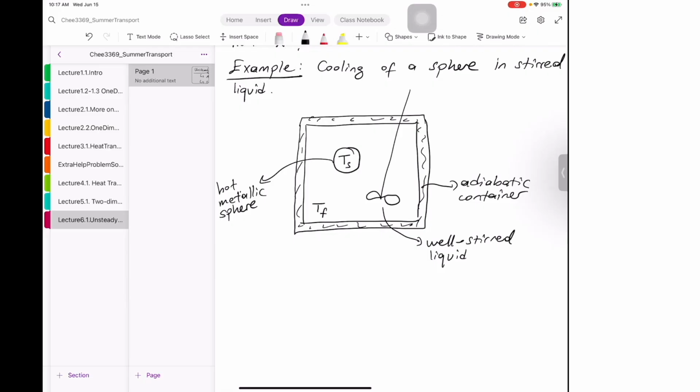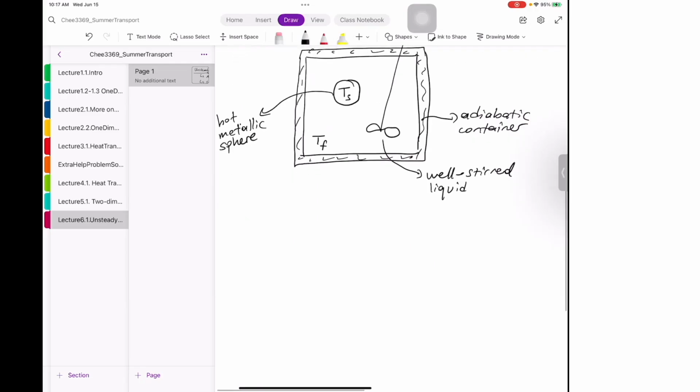For the time being, let's assume the temperature of the sphere is not changing with position, but we're going to go back to this assumption and try to justify it and see under what circumstances we can actually assume this reasonably.